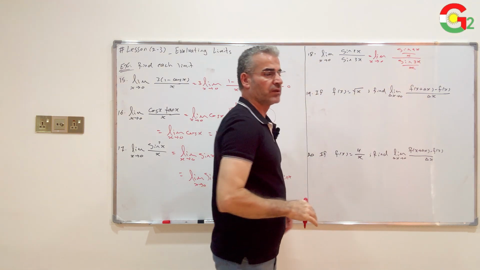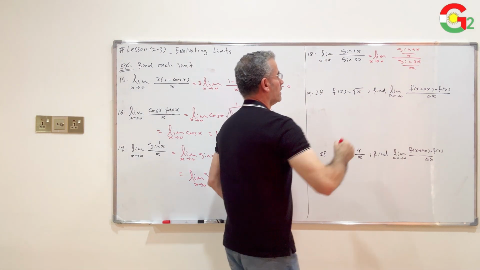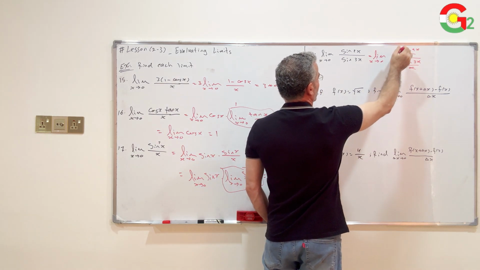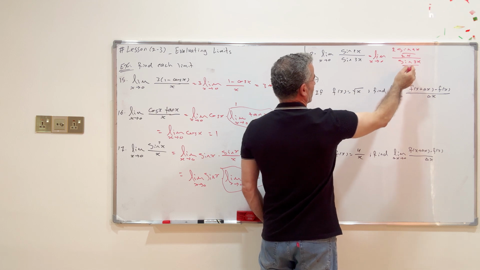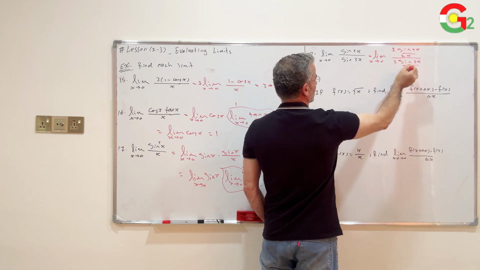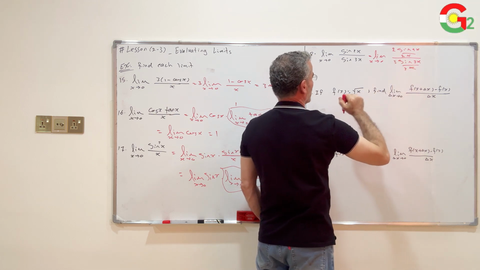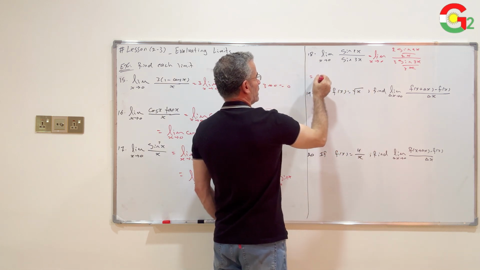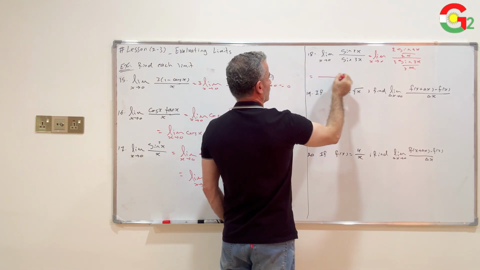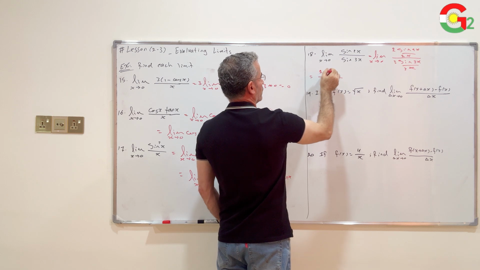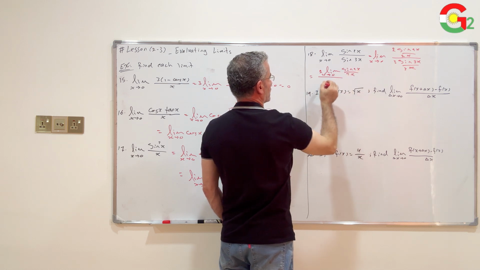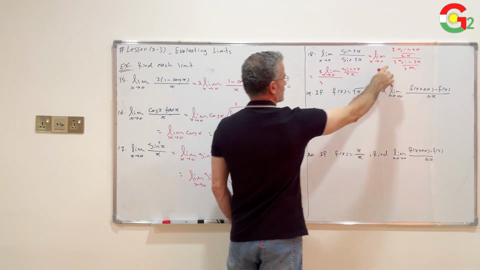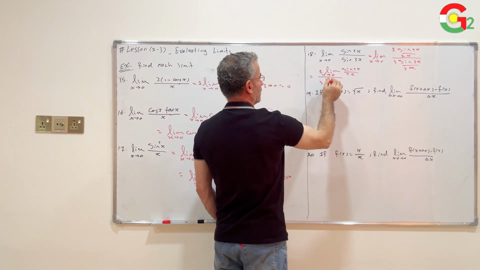We divide the numerator and denominator by x. Now multiply the numerator by 2 and divide by 2. Multiply the denominator by 3 and divide by 3. Now, the limit will be 2 times the limit as x approaches 0 of sine 2x over 2x, over 3 times the limit of sine 3x over 3x. Since 2 and 3 are constants, I'll take them outside the limit.